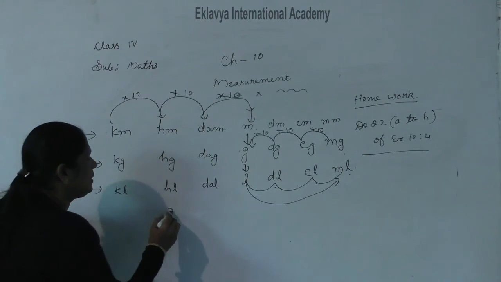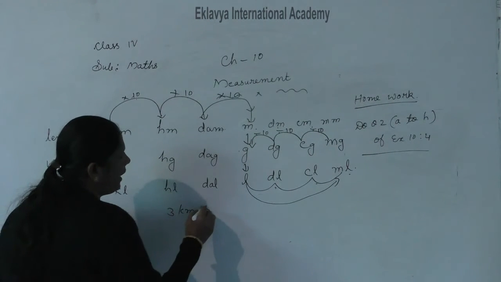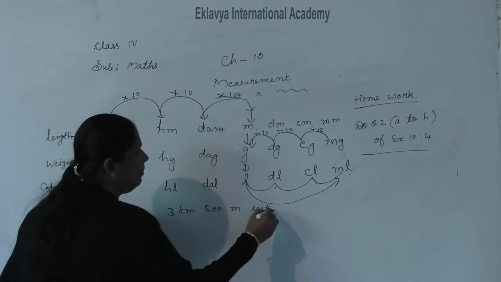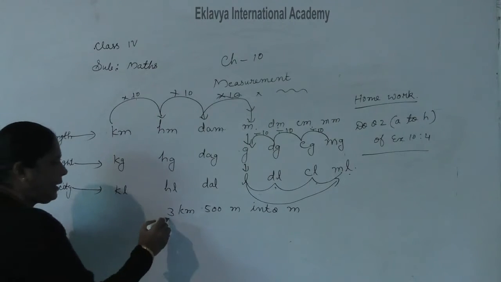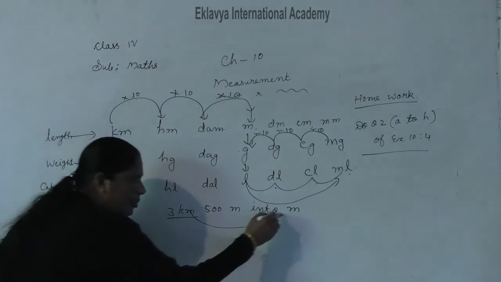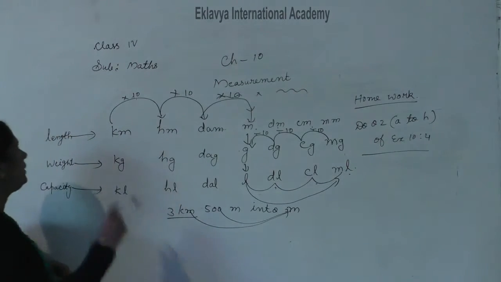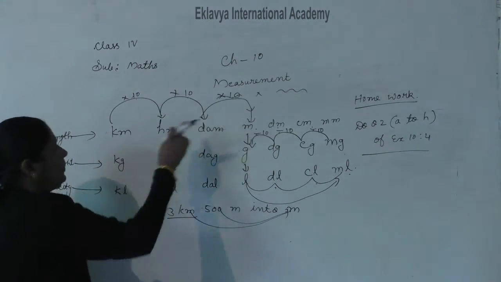Listen. 3 kilometer 500 meter into meter. Now 3 kilometer into meter, and meter is already meter. Here kilometer, then here meter. Bigger to smaller.